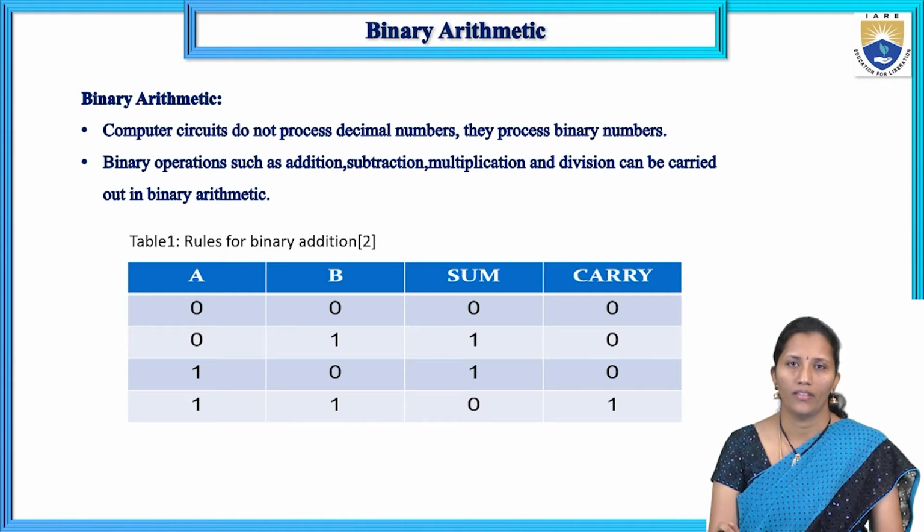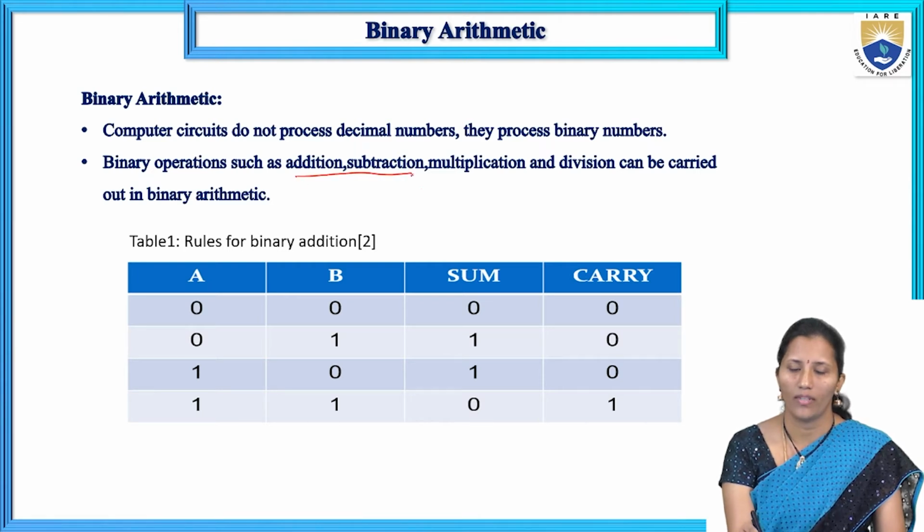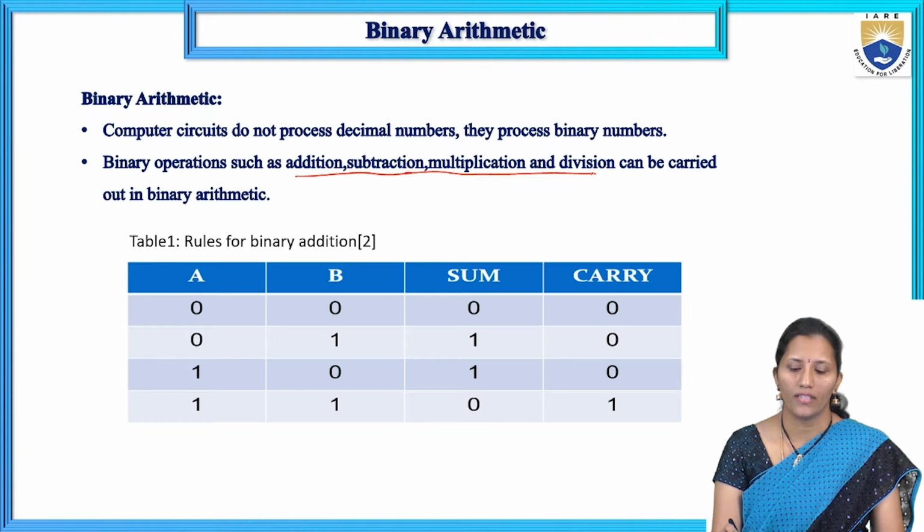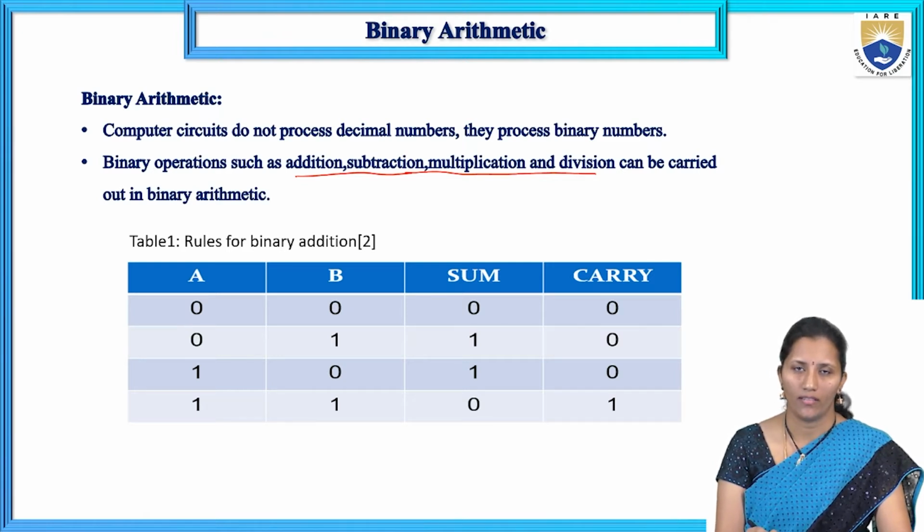So it does the operations such as addition, subtraction, multiplication and division in binary form only. Here we will discuss only addition and subtraction. First we will discuss binary addition.